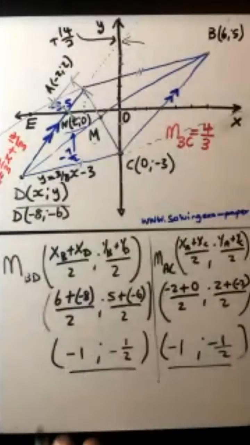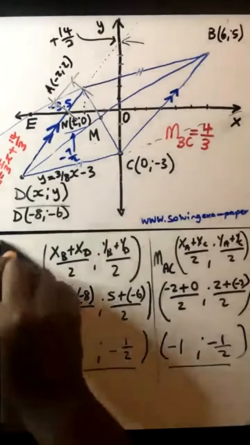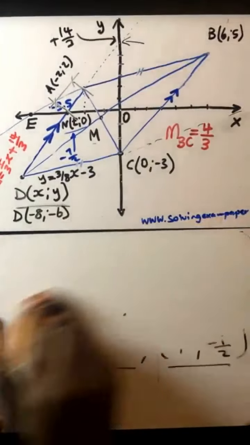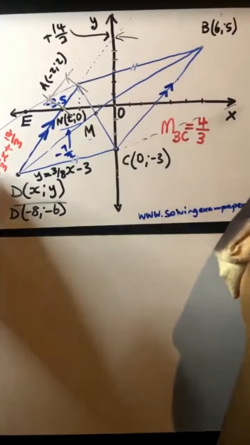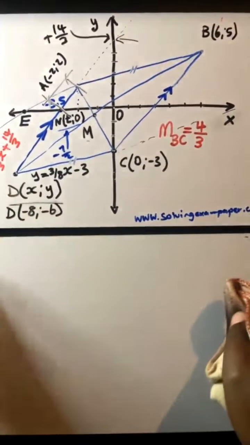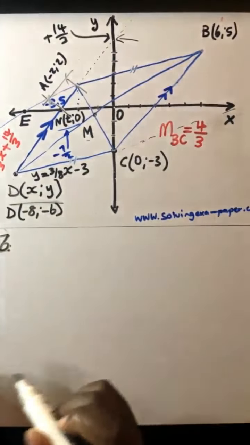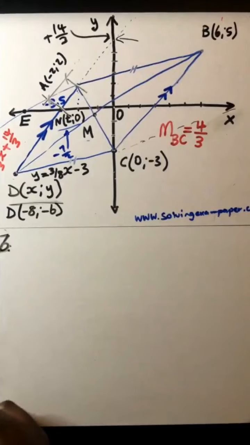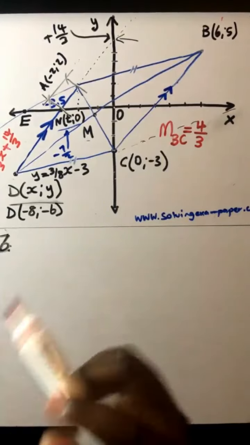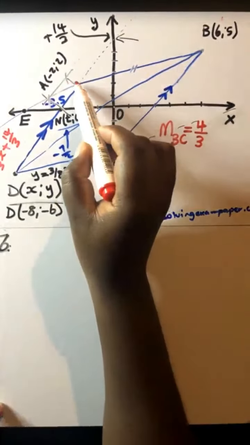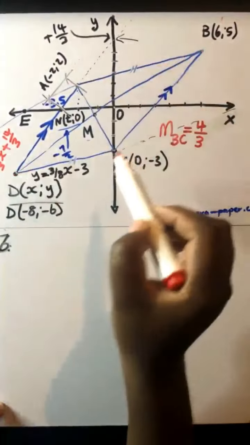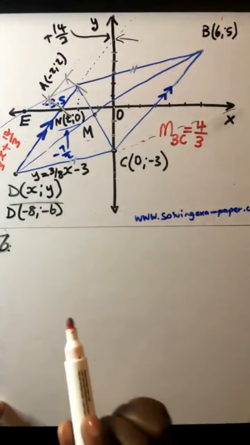So there are multiple ways in which you can prove that this is a parallelogram. I want us to do a very quick calculation where we use a different method to prove it. We use the gradient formula.